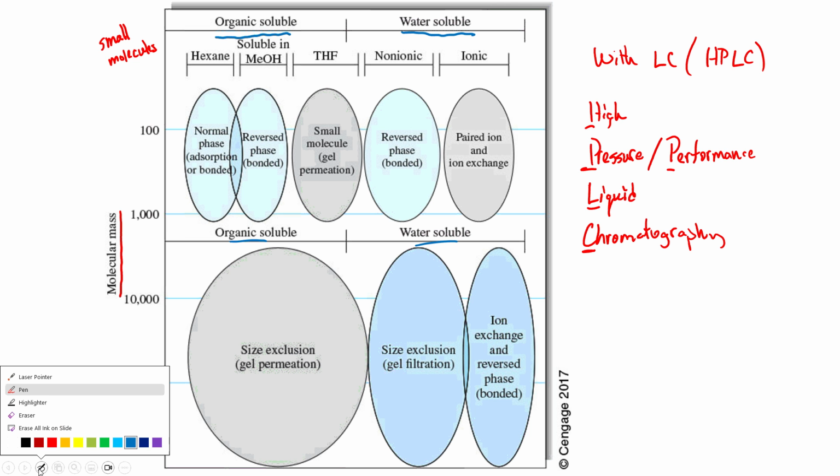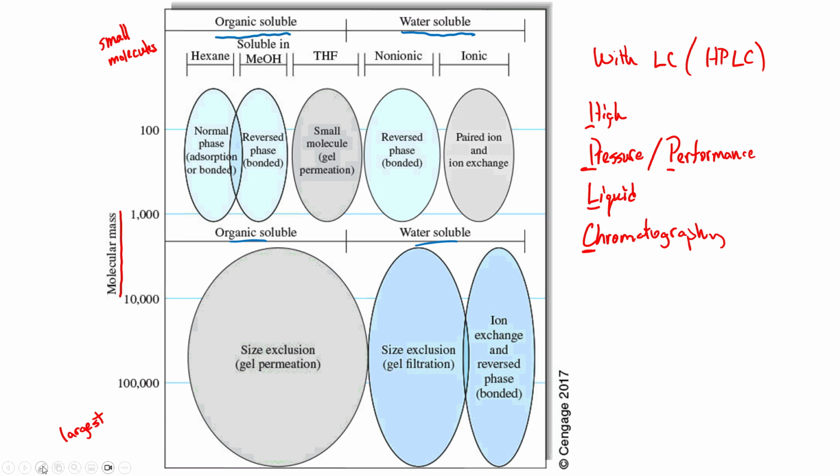Okay, so let's talk about each one of those just a little bit and try to give some distinction to them. Things that are soluble in nonpolar solvents are typically things you might try to separate in absorption chromatography, what we call normal phase.